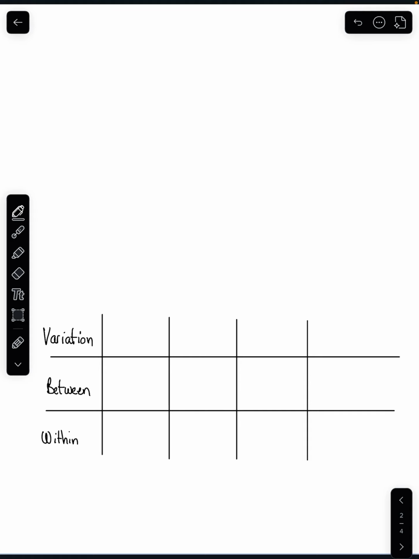For each of these, we need the sum of squares, also known as SS, so that here we would put the value for SS sub B, and here we would put the value for SS sub W. We also need the degrees of freedom. The degrees of freedom between the samples is k minus 1. And the degrees of freedom within the samples is big N minus k.